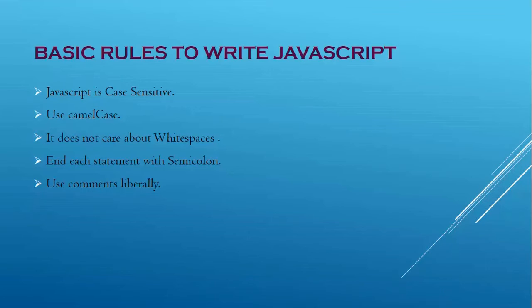Now before we start to write our script, there are some rules that we need to know. First, JavaScript is a case sensitive language. In JavaScript, the casing of words matters. For example, variable small a and variable capital A are two completely different things. Second, use camel case. It means we can declare a variable name with two words, say bigNumber, by using capital N for the number.